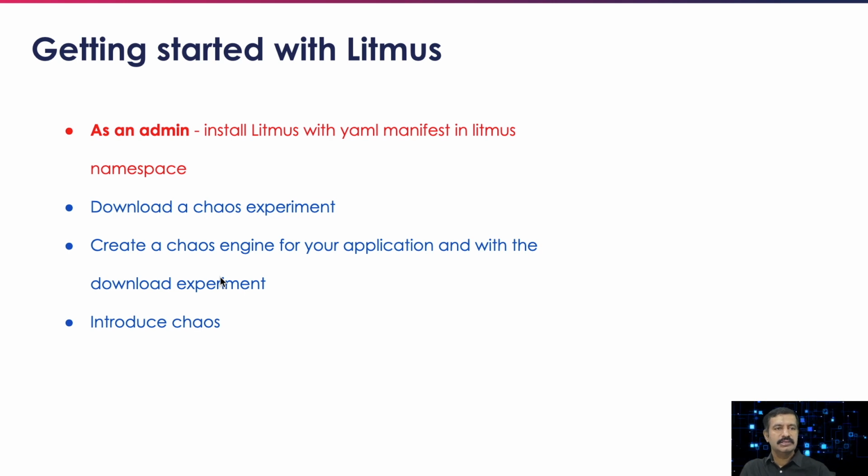When the chaos engine is applied, the operator picks it up and runs the chaos runner job with that chaos experiment against a given target application. Then you can observe the results through metrics, chaos events, and also as the chaos result CR.